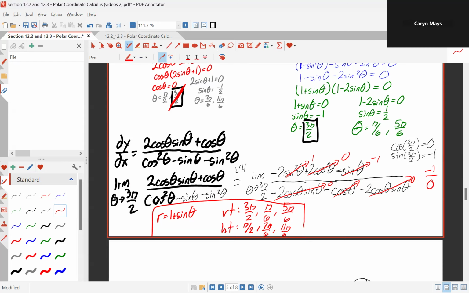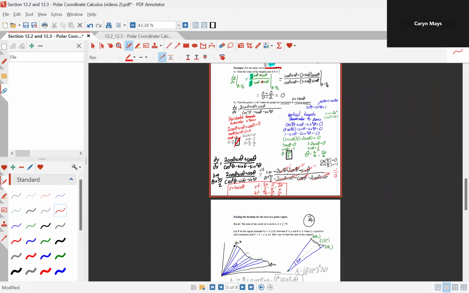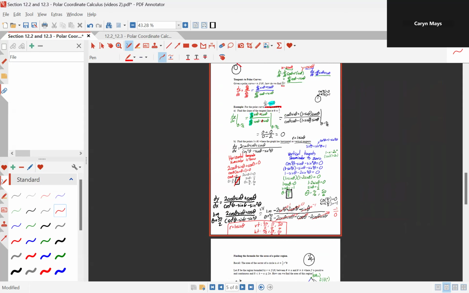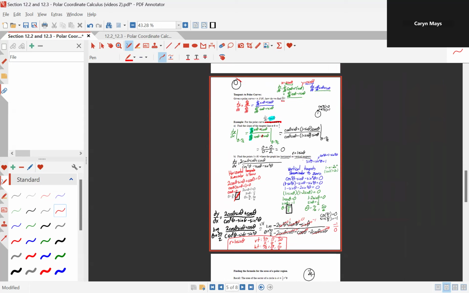And there are all the vertical and horizontal tangent locations between 0 and 2 pi. I only gave us the thetas.